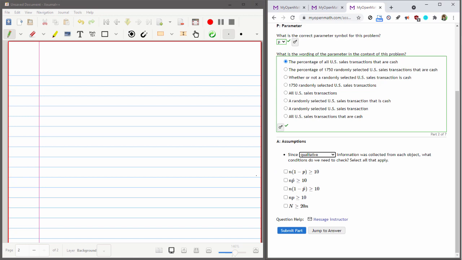These checks that we're about to do are what we'll use if we want to construct a confidence interval for qualitative data. So we need to note that we're talking about qualitative information, and we're trying to construct a confidence interval for a population proportion. So here are the conditions in words.